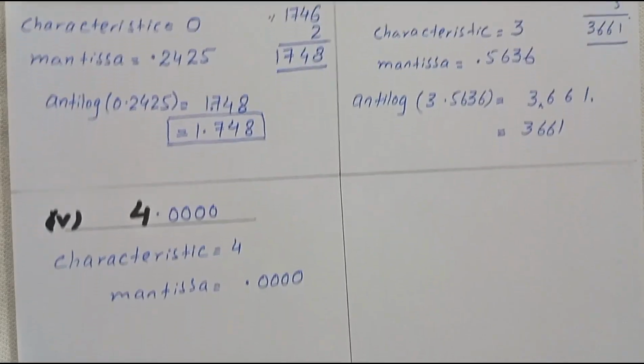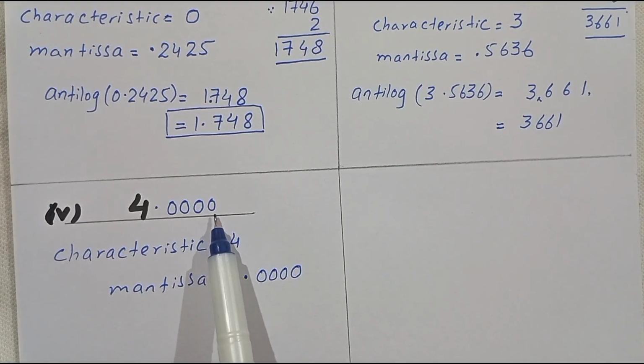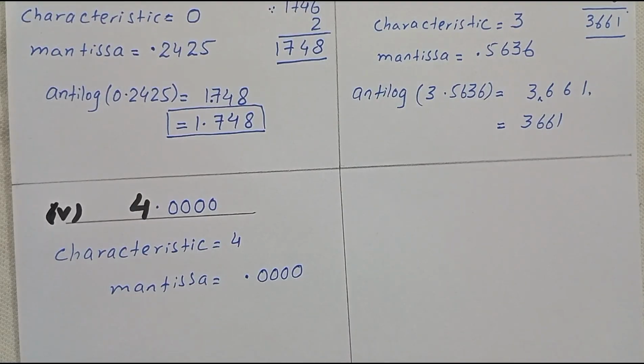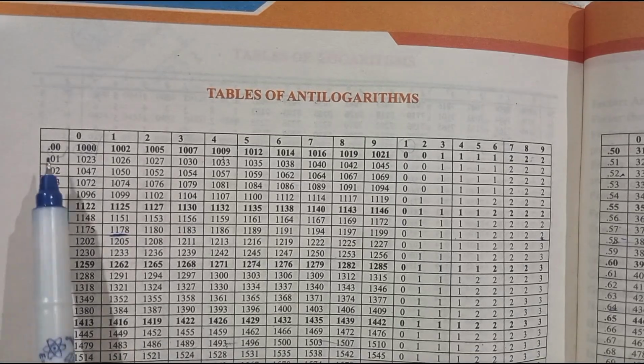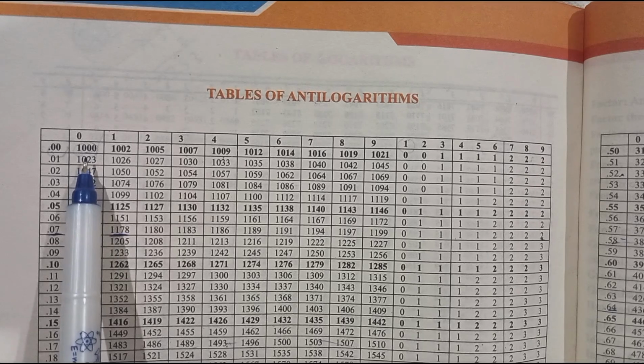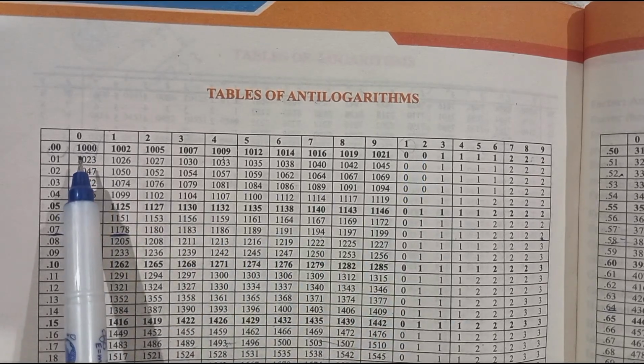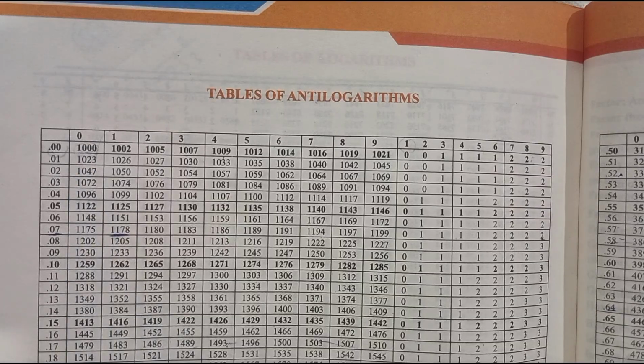In the antilog table, we look up 0.00 in column 0 and add the value of the 0 column. In the antilog table, the value of 0.00 in the 0 column is 1000 and there is no 0 column, so the antilog is 1000.